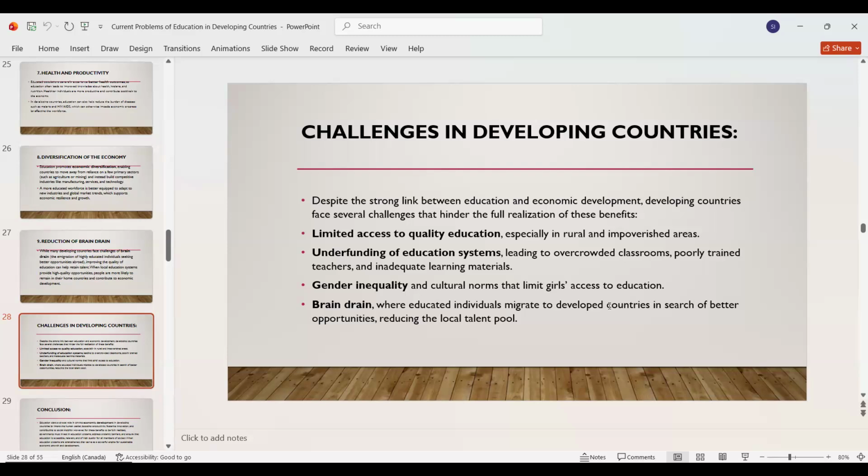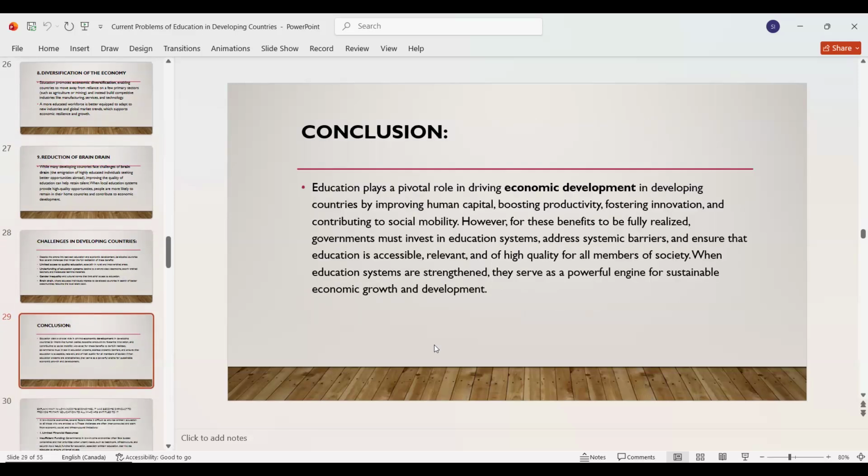Gender inequality and cultural norms that limit girls' access to education. This is in developing countries, not only in Sri Lanka. Brain drain, where educated individuals migrate to developed countries in search of better opportunities, reducing the local talent pool.